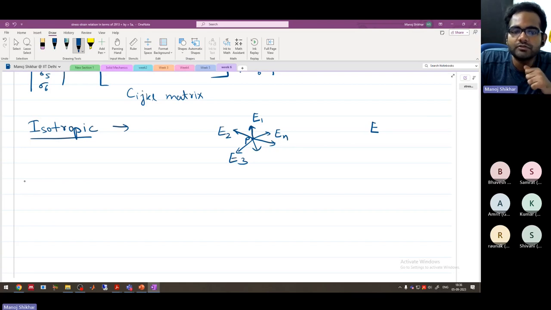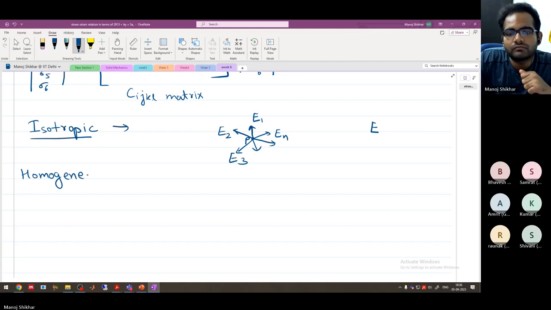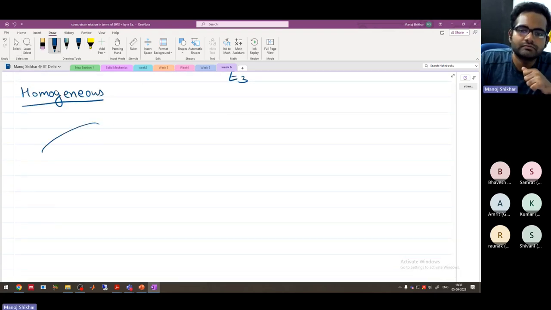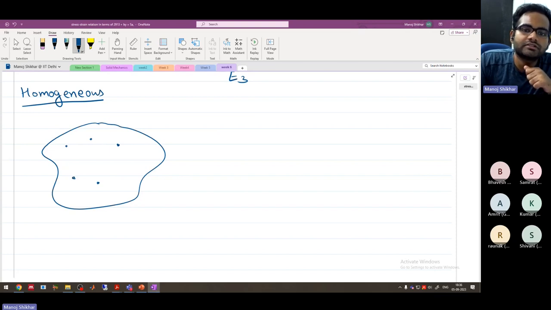Now the other word is homogeneous. Homogeneous means suppose we have a body and we are taking two different points, or any points we can take. Suppose currently we are looking at these 2 points.